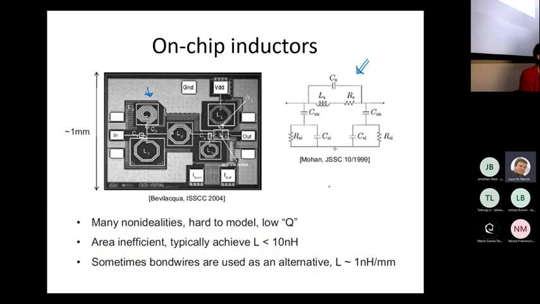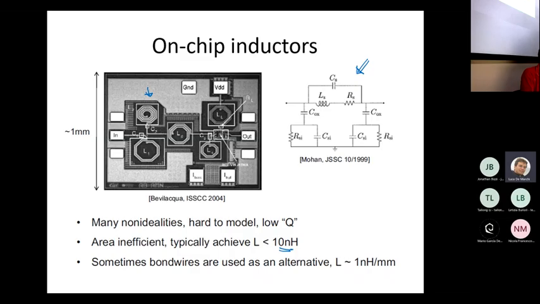The paradox is that you can achieve just small inductance values with this on-chip realization, which are related to so-called low Q, low quality applications.